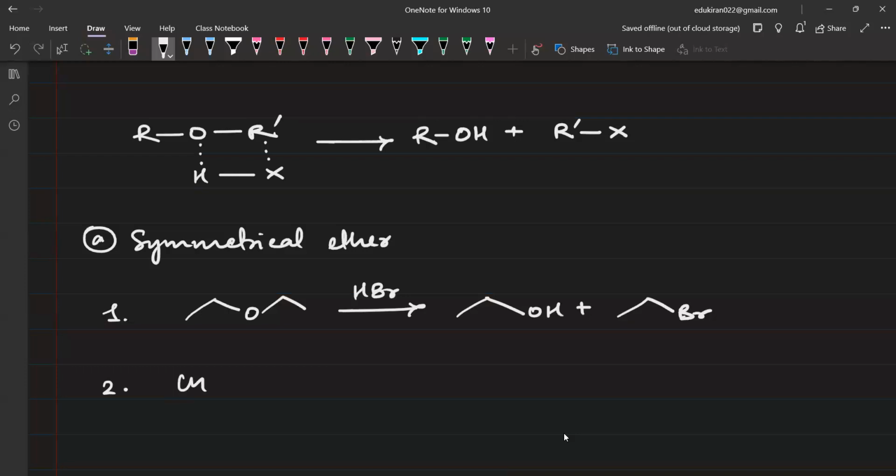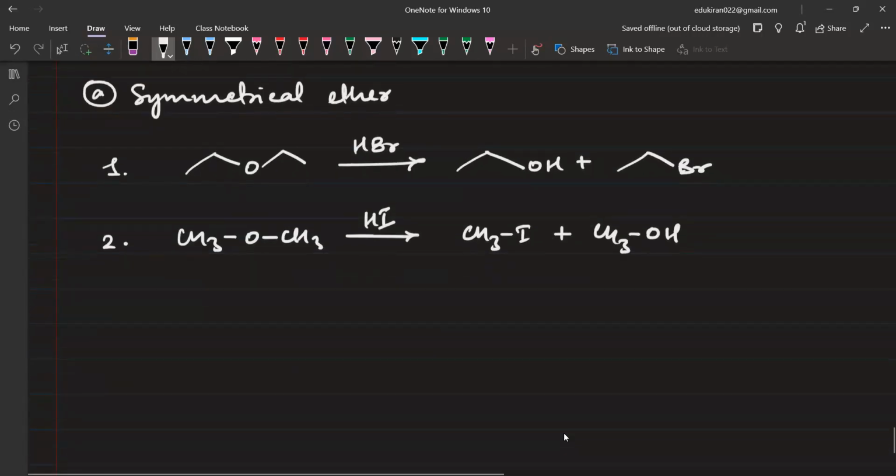Secondly, if you have CH3, OCH3, you react this with HI. Here you will get CH3I and CH3OH. ठीक है. So यहाँ पे you will not have any problem. You will get एक alkyl group से haloalkane, दूसरे से, I mean the same alkyl group, you will have alcohol.